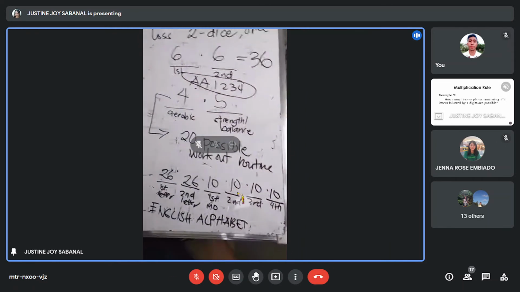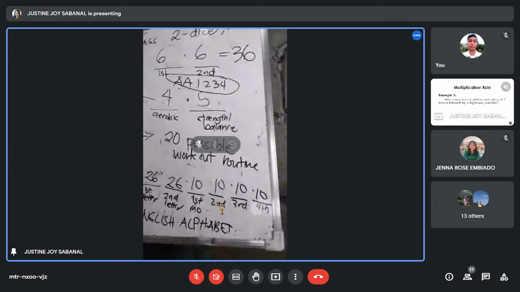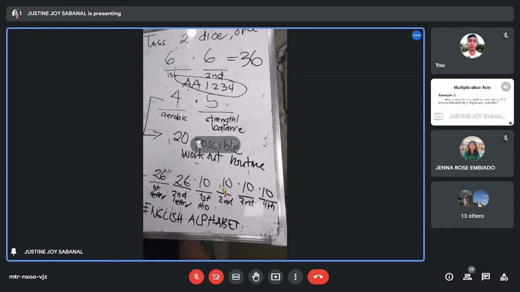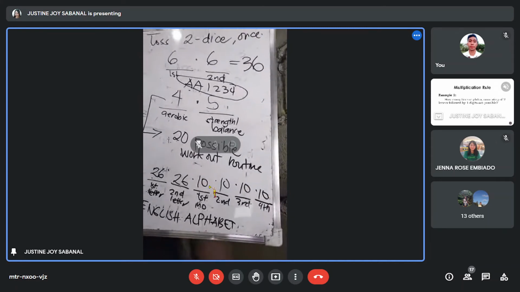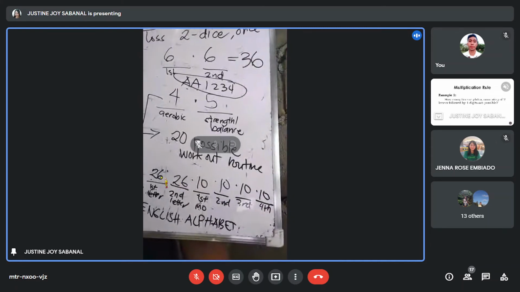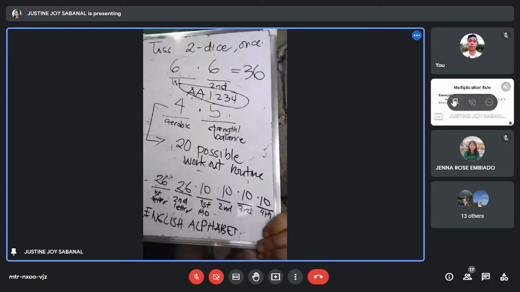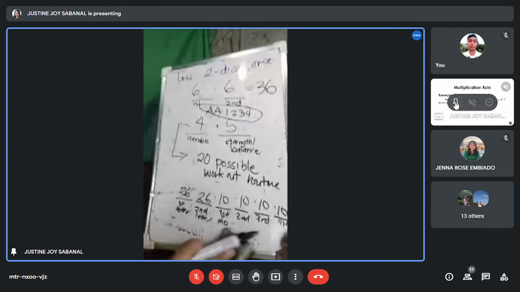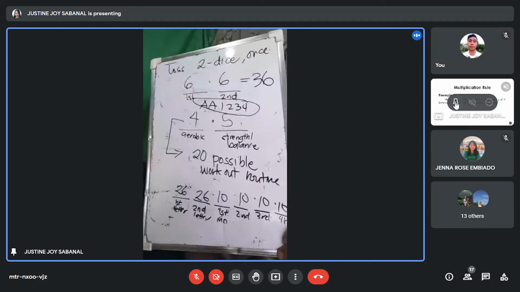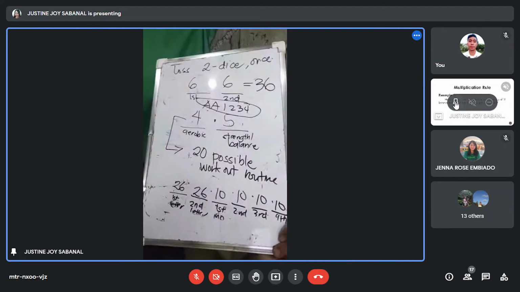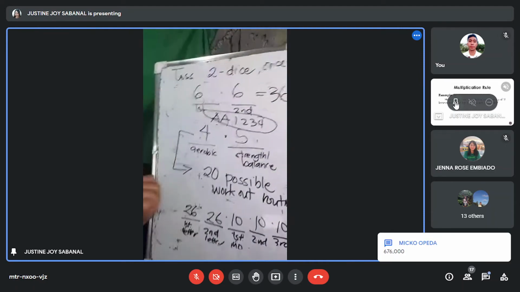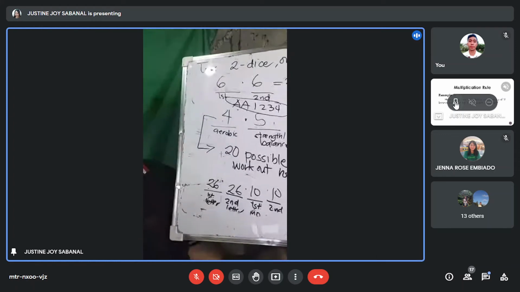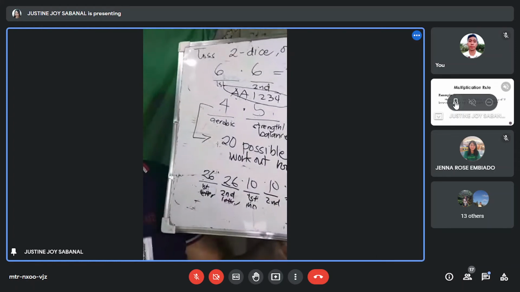So, multiply all values po. So, ano pong sagot? 676 lang ba siya?